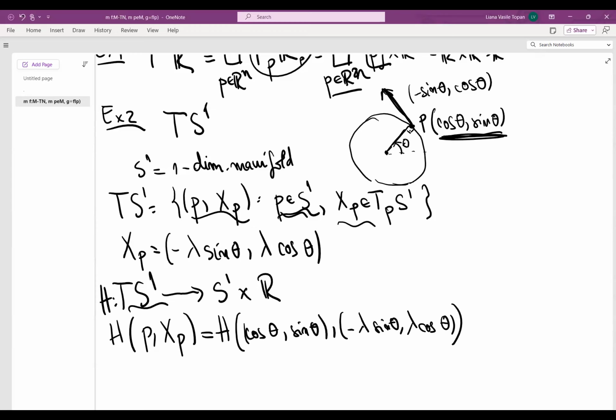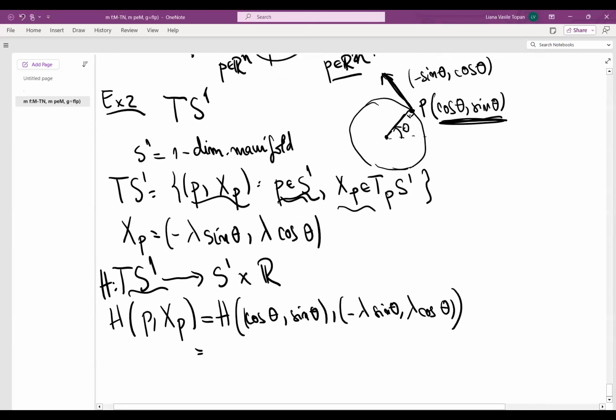So what are the things that characterize that P, XP, the tangent vector? Theta, the angle, right? So cosine of theta and sine of theta together give a point on the circle, and lambda, which is a real number. So we can identify this by H of this tangent vector being cosine of theta, sine of theta, and lambda, right?